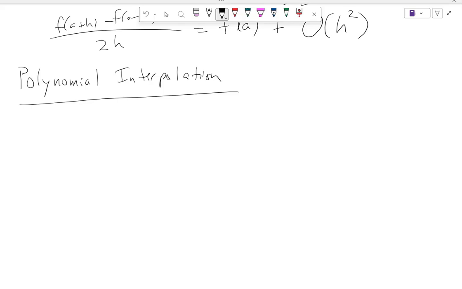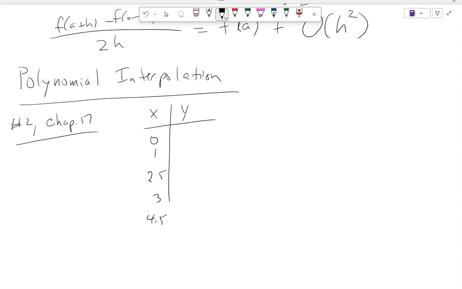So, all right, this is number 2 in chapter, looks like 17. They just give you some points. I'm just going to write it as a table. They write it horizontally. Your x's are 0, 1, 2.5, 3, 4.5, 5, and 6.